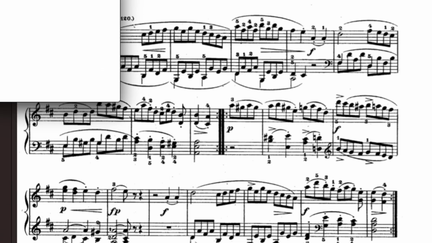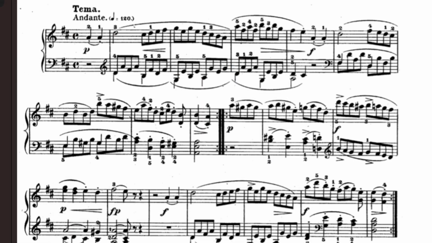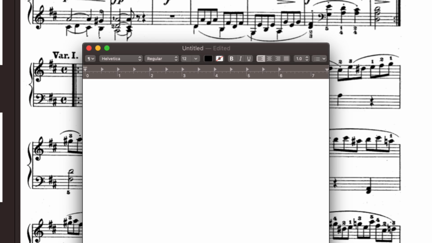Okay, I'm just going to use a separate text document here to kind of take some notes. Let's just talk first about how we notate stuff. When we use lowercase letters, we're talking about smaller sections, and uppercase letters are bigger sections.